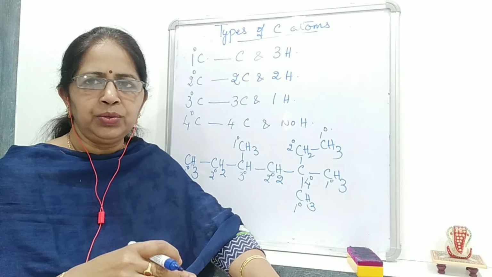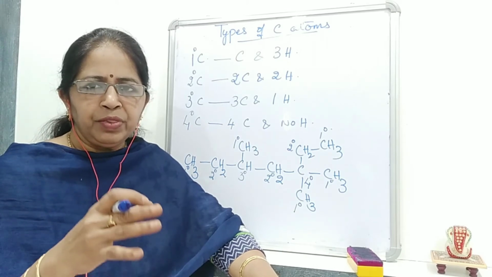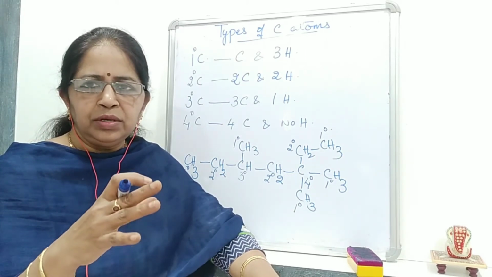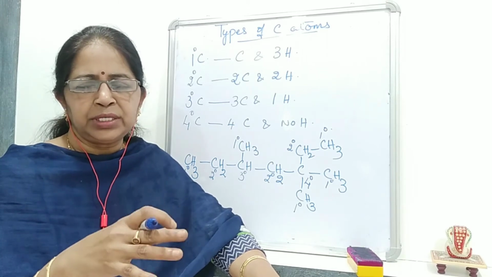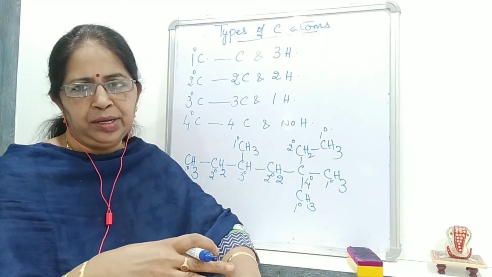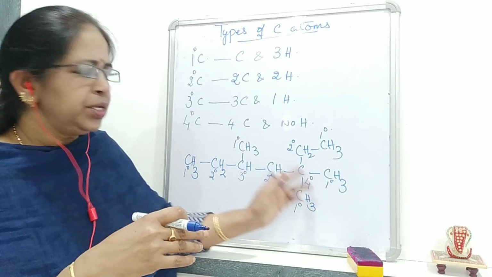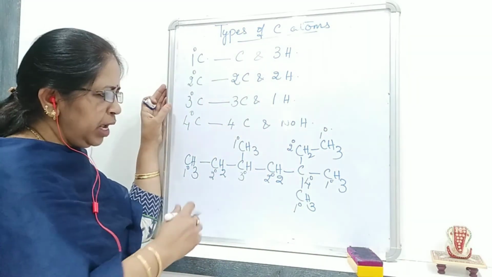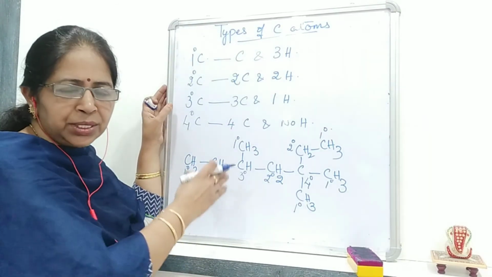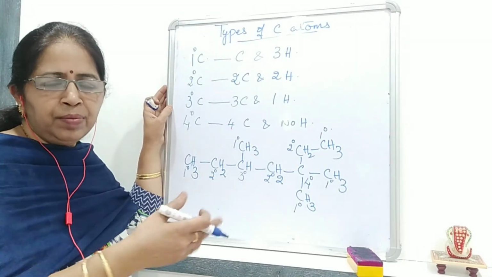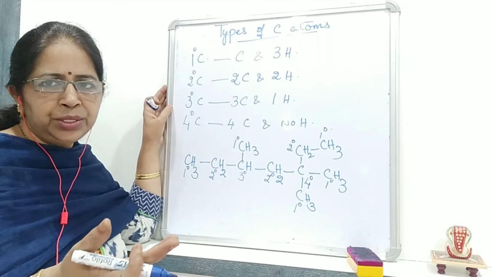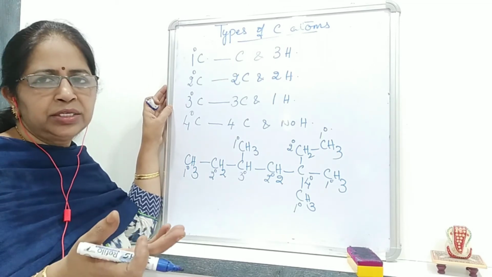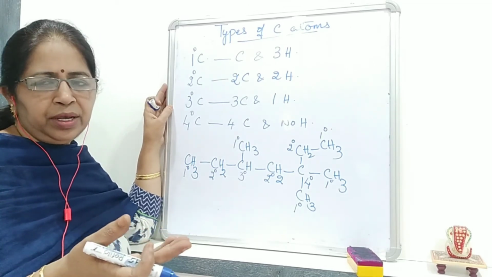So you should know where those functional groups or substituents are present, at the end or in the middle. By knowing this you can answer very easily. Now in these questions, by giving this kind of structure, they will ask how many primary hydrogens or secondary hydrogens are present in the given structure.